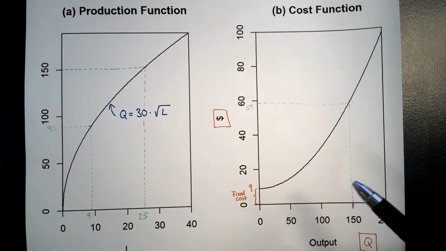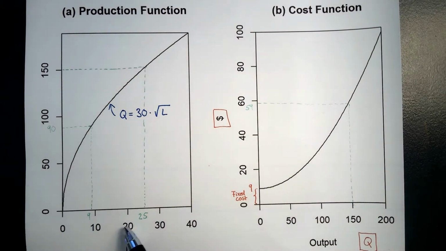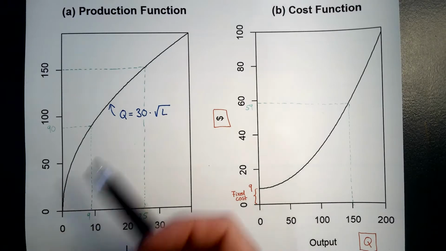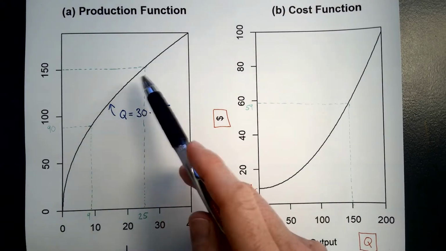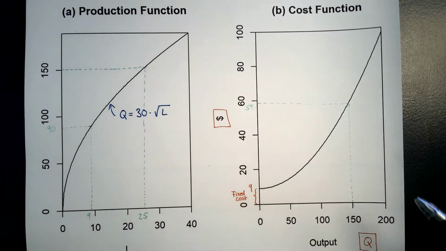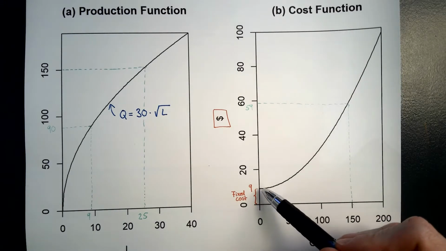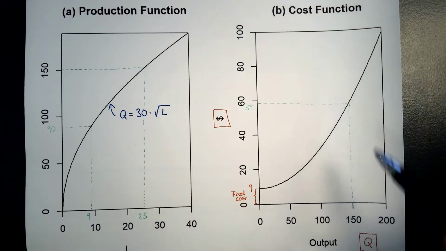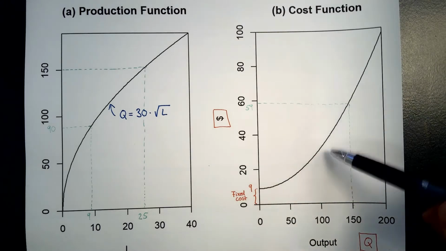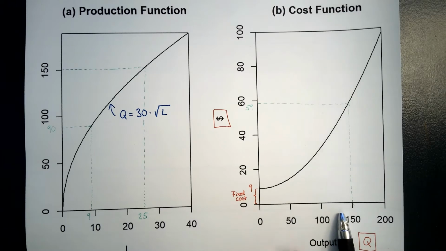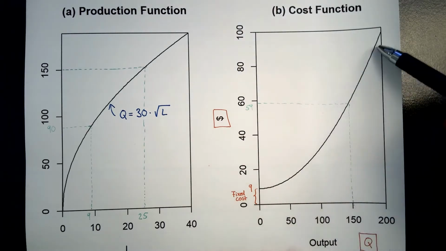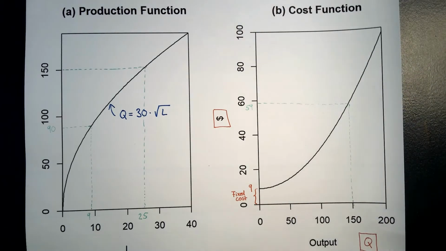And so what this means is that for each unit of input, the rate of production is going to decrease. The consequence of that is that the cost function is shaped like this, in the sense that if you are increasing your output, you have a disproportionate increase in the cost of production.